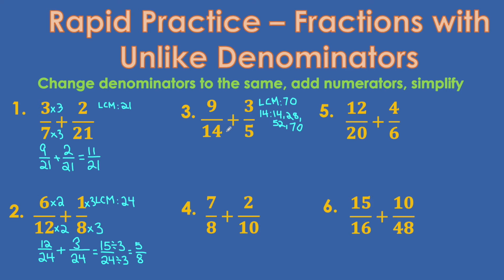Now we want to think, 14 times what number equals 70? And that would be 5. So multiply the bottom by 5 and the top by 5. Then we want to change the second fraction.